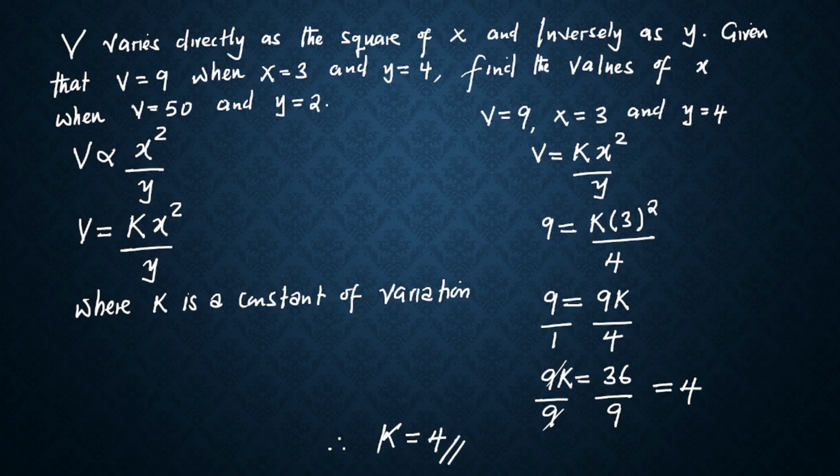Once you find the value of k, we can now use it to solve the value of x. Because the question says find the values of x when V is equal to 50 and y is equal to 2. So using the same equation, because it's the same equation that we use to find the constant of variation.